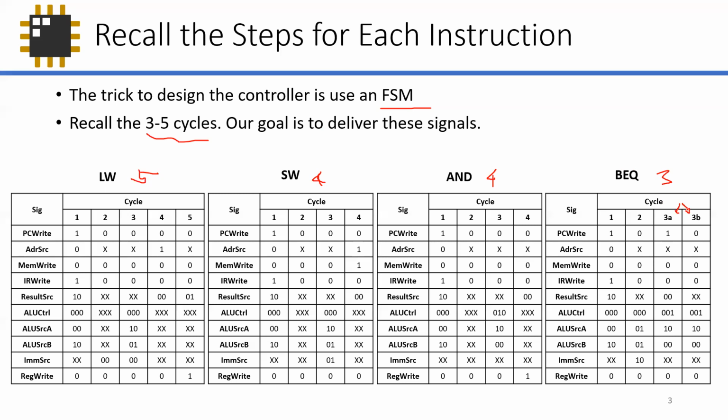Our goal is that for every cycle, we want to deliver these signals properly to the system. It's very easy to do because last week when we made our cycle control signal table, it's so easy to write down the state machine. It's even possible that you can jump right ahead and code your finite state machine controller in Verilog already.